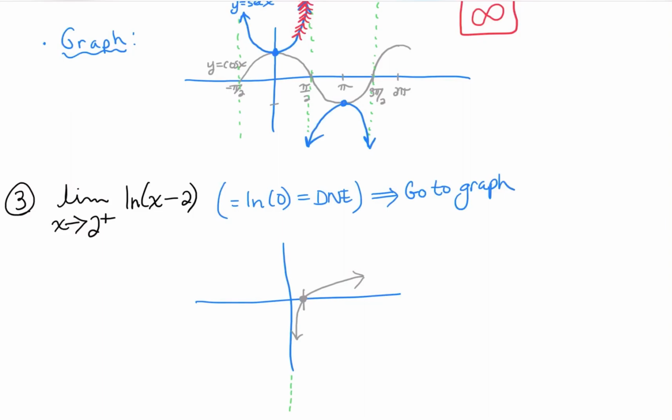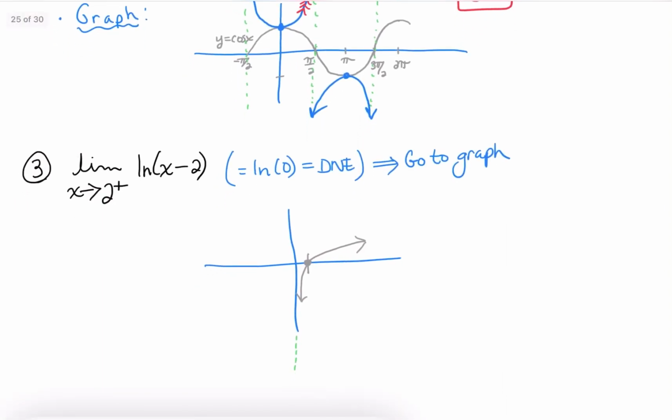And then the -2 here, the -2 on the inside, is going to take my function and shift it to the right 2. So that's going to take every key feature of this graph and move it right 2, including the x-intercept, and also including the vertical asymptote.